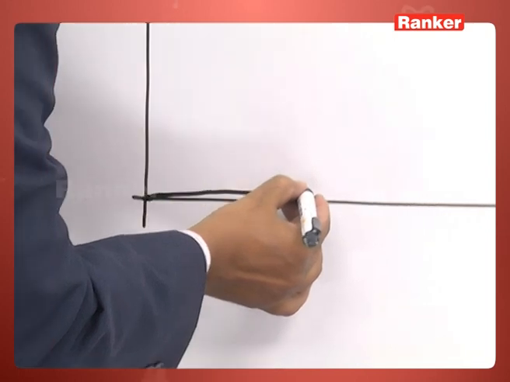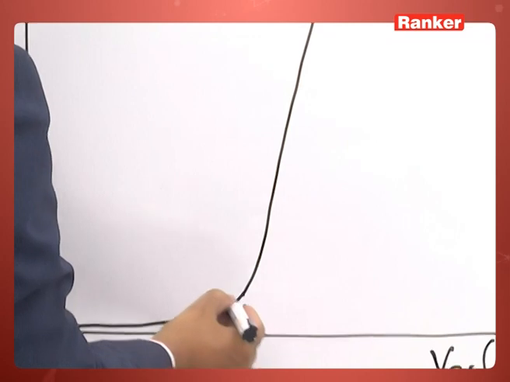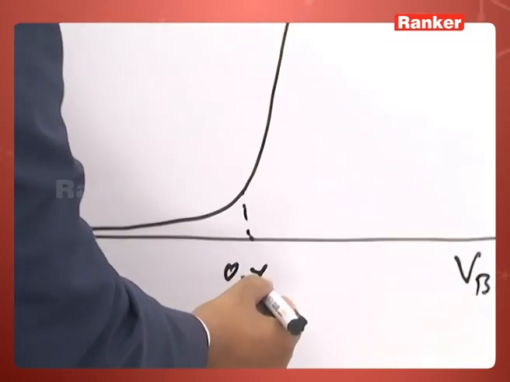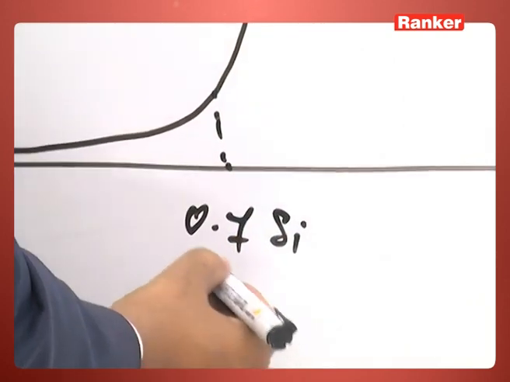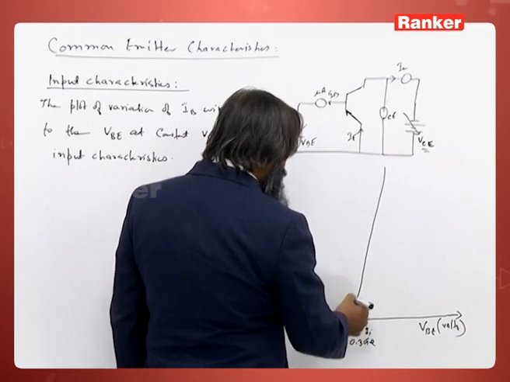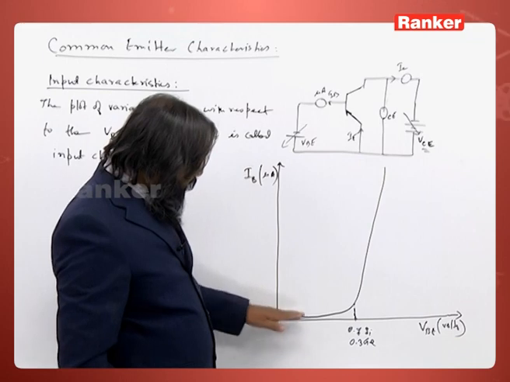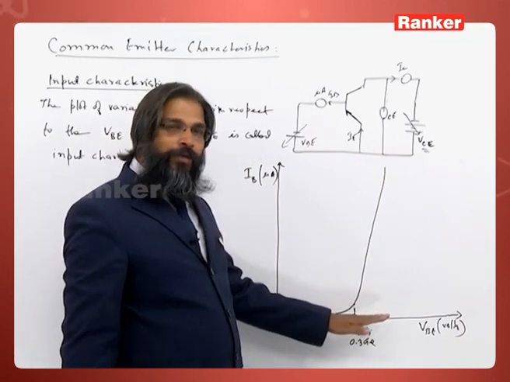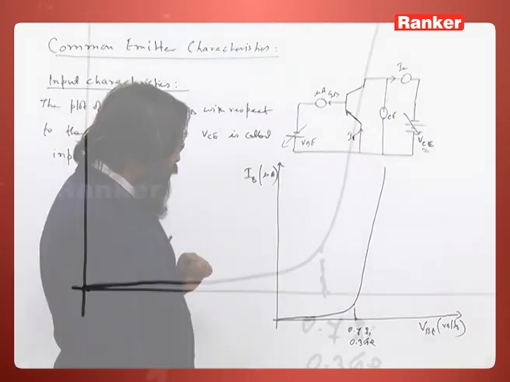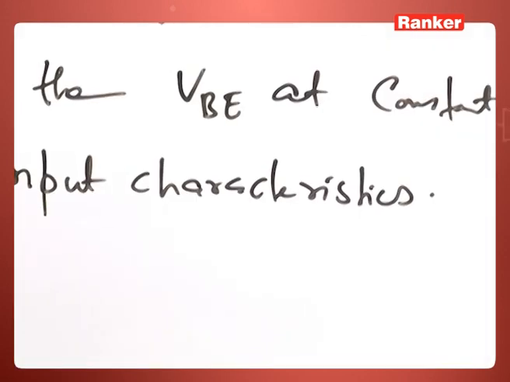Initially the current does not grow, and then it grows linearly at some value of 0.7 for silicon or 0.3 for germanium. Below this value the current does not grow at all, and thereafter the current grows up.